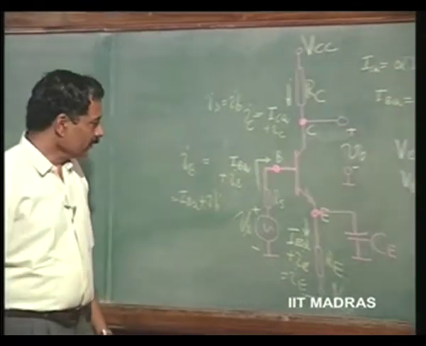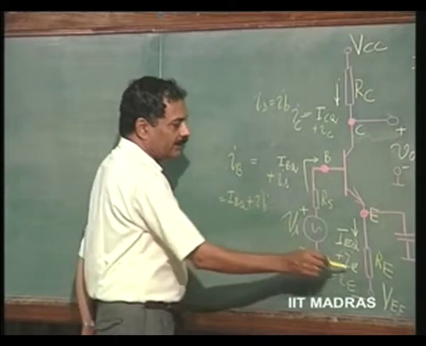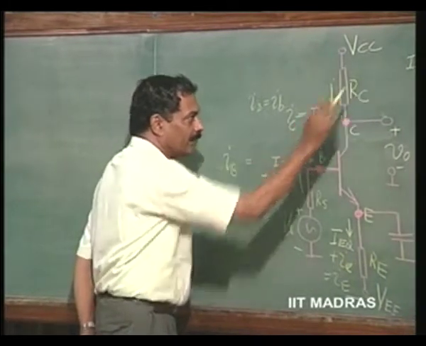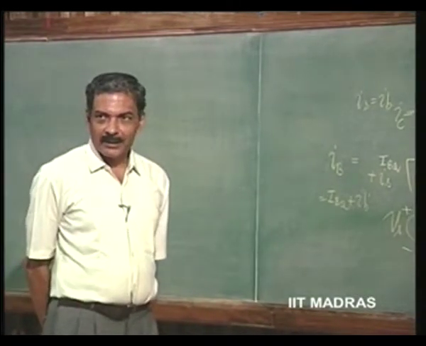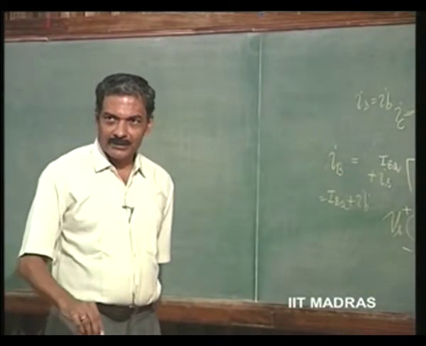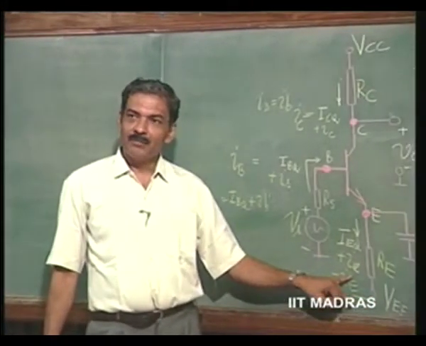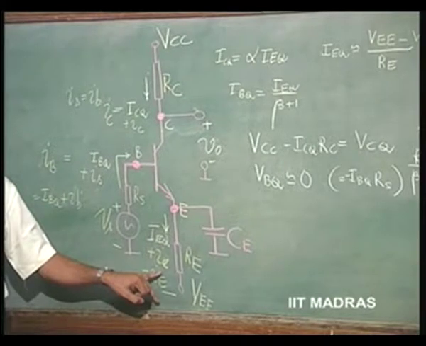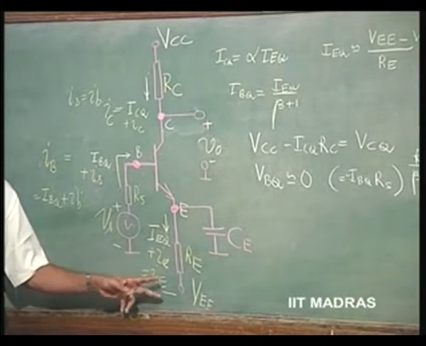So we have all these relationships related by the same factor alpha as far as the emitter current is concerned. Collector current is related to emitter current, whether it is DC or incremental, by the relationship alpha, assuming alpha for DC is the same as alpha for the changes.